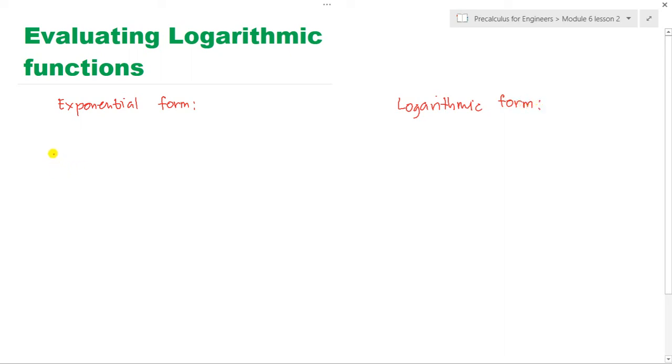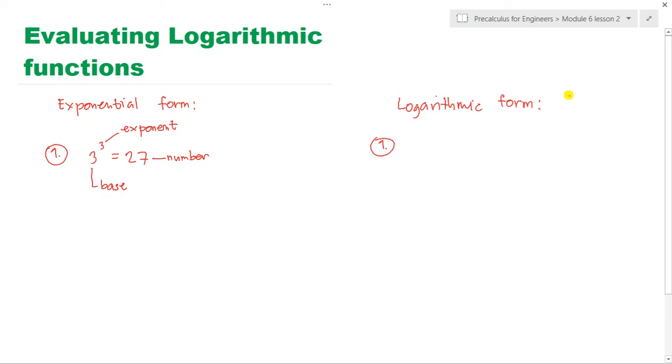Okay, let's say we are given an exponential form of 3 cubed is equal to 27. Now, what is the equivalent of that in logarithmic form? Again, this is our base. This is our exponent. And this is the number, right? The resulting number. So what is the notation in logarithmic form?